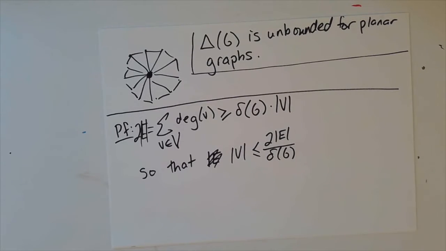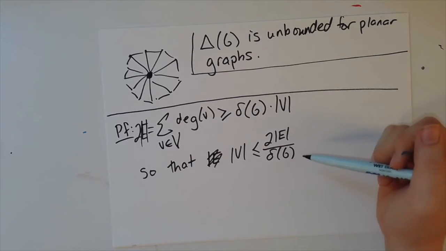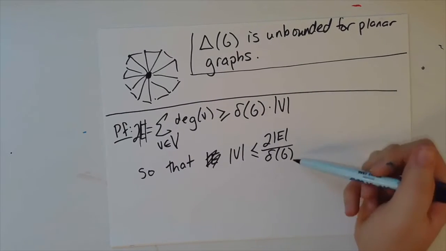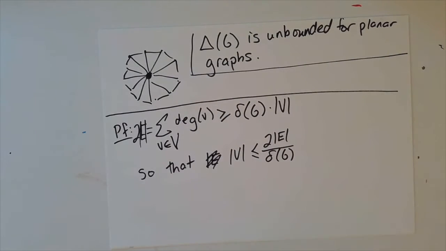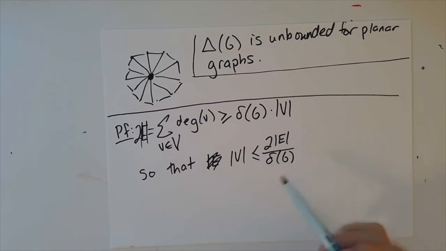Again, probably this bound is terrible, in the sense that if there's some huge degree vertex, I'm totally not counting it. But this is at least true. Namely, you're always going to get this identity.